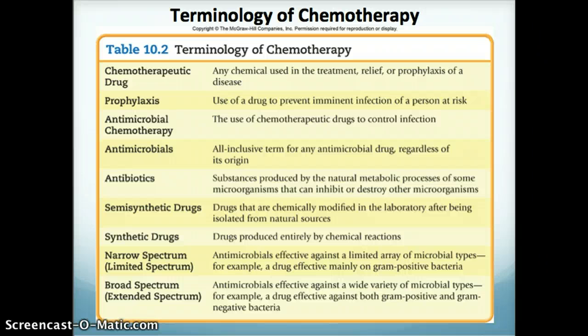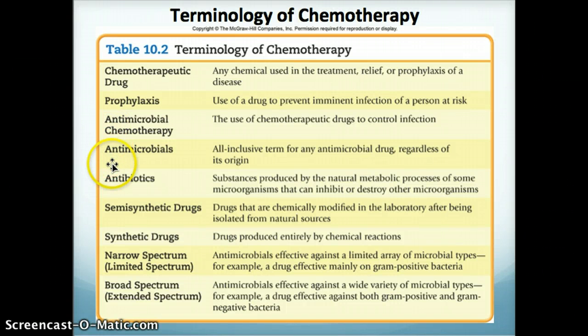This is also a table in your book, Table 10.2, and this is some of the vocabulary words of chemotherapy. Some that I'd like to make sure that you pay attention to, for example, prophylaxis. This is the use of a drug to prevent an infection, so it might be given to somebody if they're going to be around people infected with a particular bacteria.